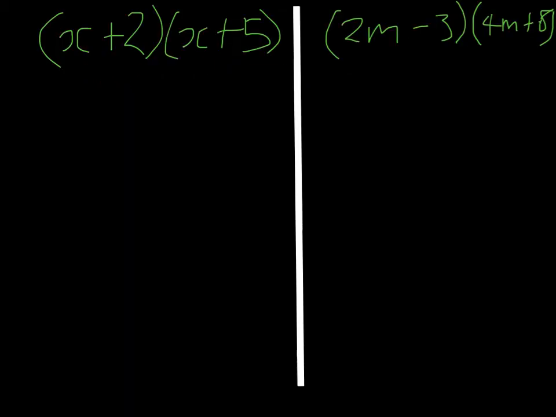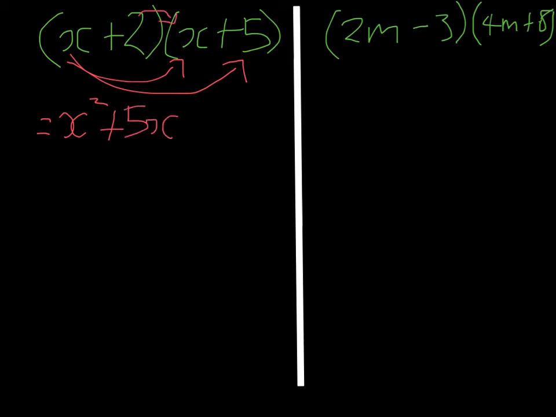Let's now expand and solve these two quadratics using the FOIL technique. Let's start with the first one. First, x times x is equal to x squared. Outside, x times 5 is positive 5x. Inside, 2 times x is positive 2x.